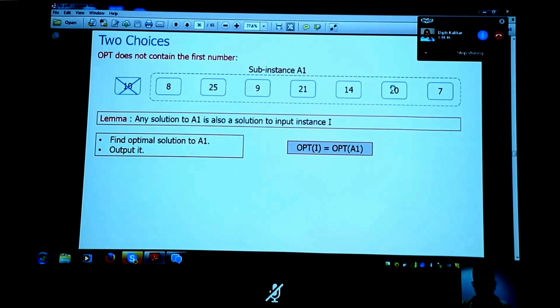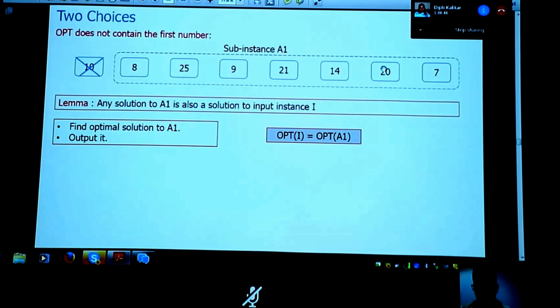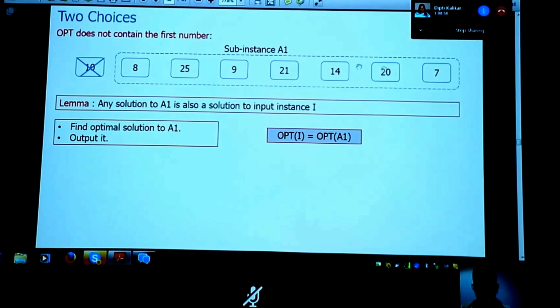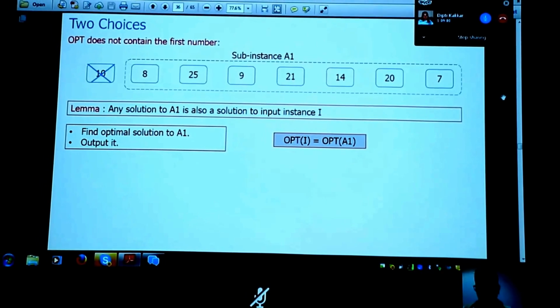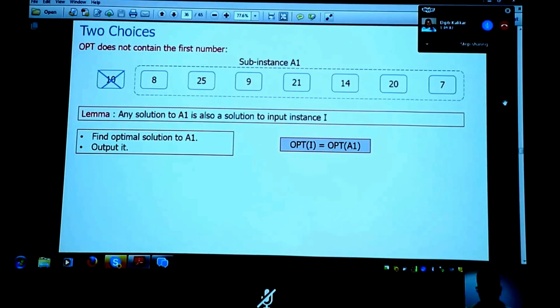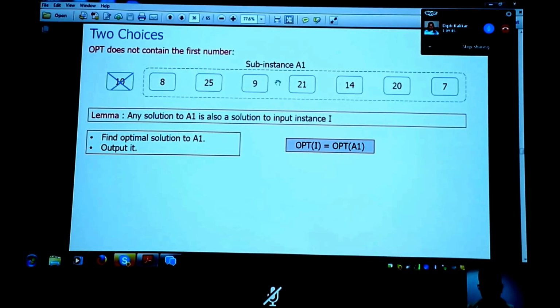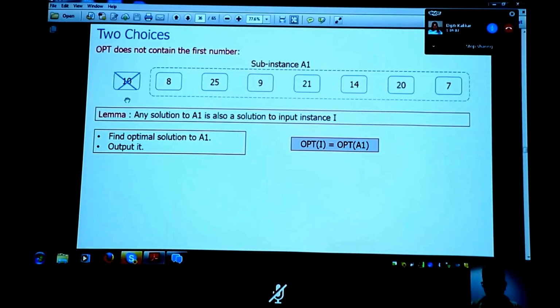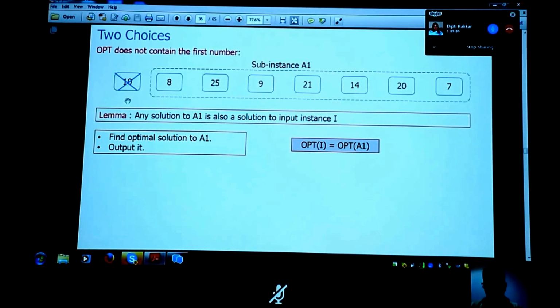So suppose it doesn't contain the first number. Then what is my subinstance? What is the recursive thing I need to solve? Well, I threw away an item, so there is nothing to do. You see what you can do with the rest. So the sub-instance is simply the rest of it, that suffix, right? And I can take any optimal solution to A1, and I'll get a solution to my original instance also.